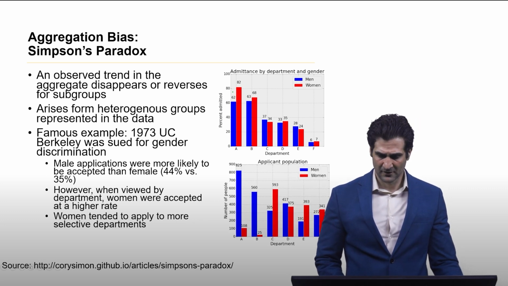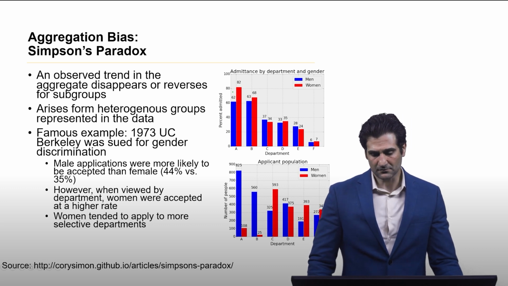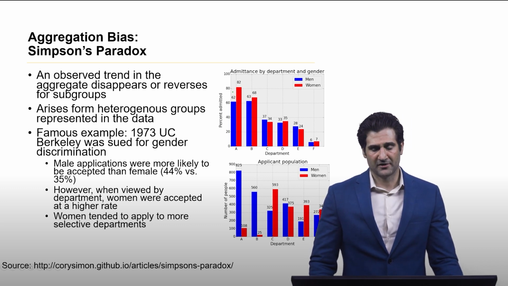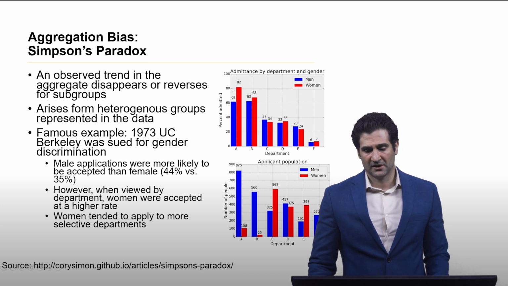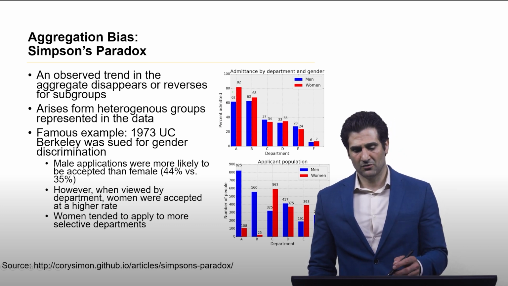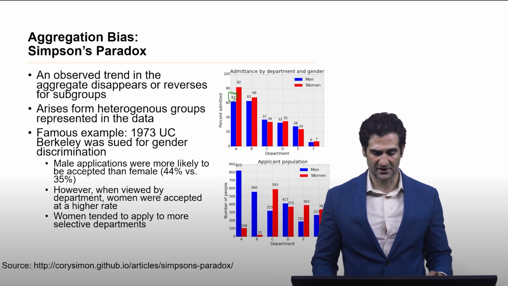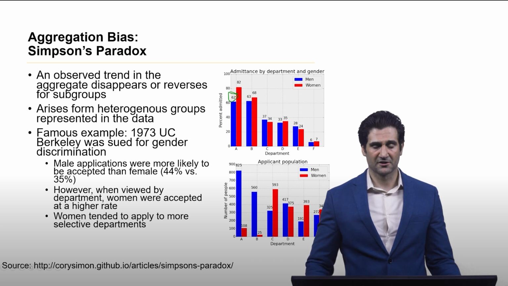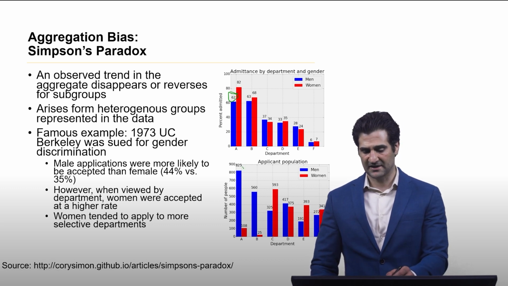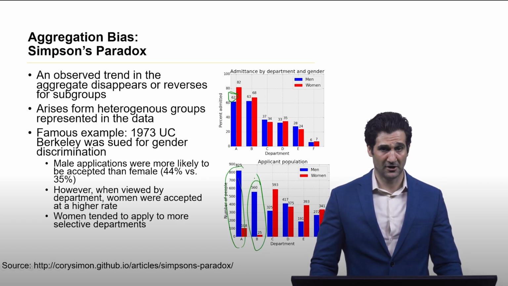When you look at the overall applicant population, you see some very large departments that have a high overall acceptance rate. So even though men do poorly compared to women with only 62%, there's a much larger applicant population that gets accepted to these easier departments, because more men just happen to be applying.